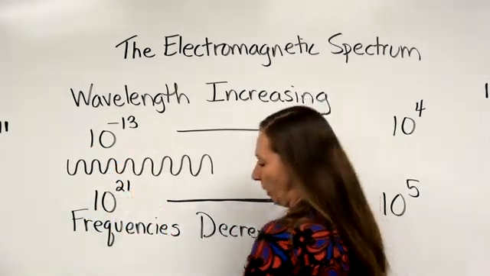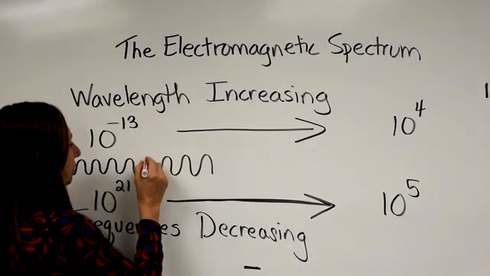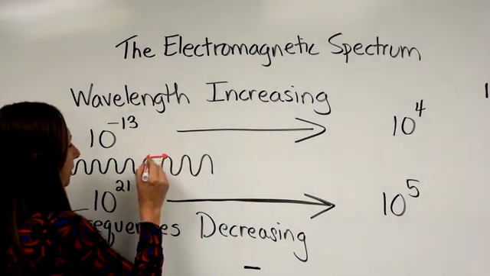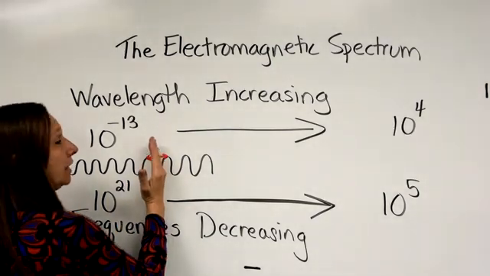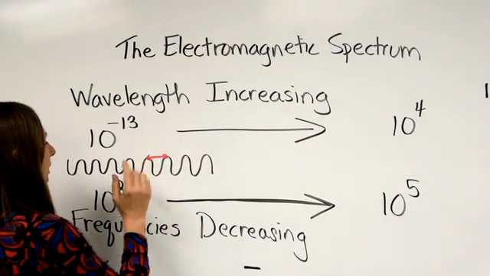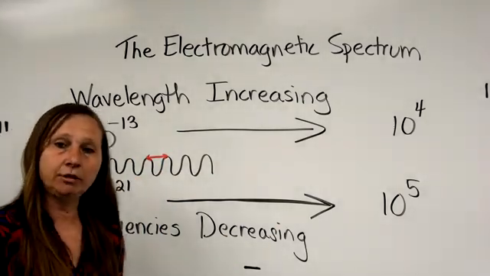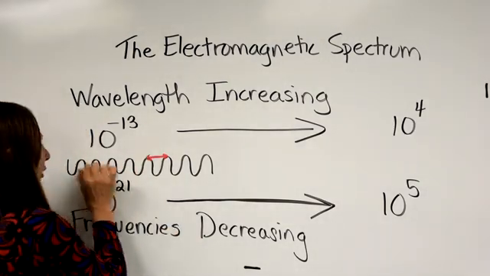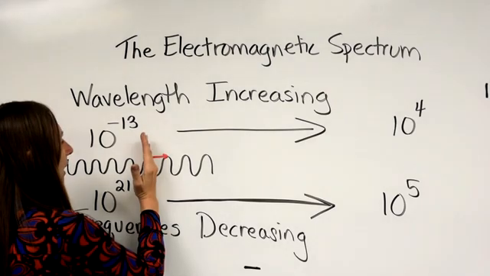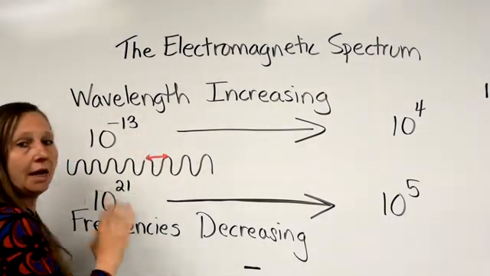Look at how small it is from crest to crest. The frequency is high because if you put your hand here and count how many crests go past in a specific amount of time, it's going to be a very high number. A lot of these crests are going to go by very quickly.